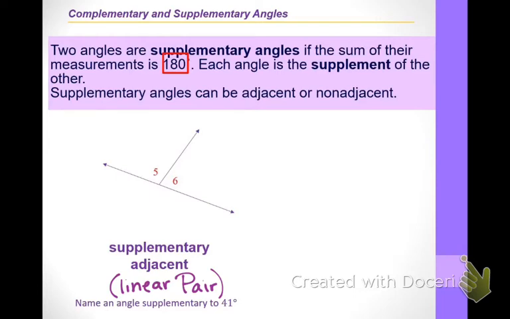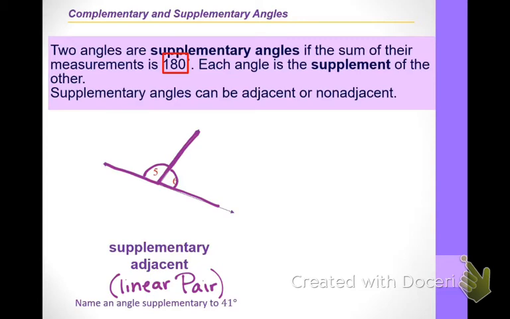That part doesn't have to make sense to you yet. But two angles that are supplementary and adjacent, that should make sense. They're adjacent because they share this wall. But they're supplementary because when you take angle 5, so from here to here, and you take angle 6, so from here to here, my arm doesn't bend that way, how many degrees does that make? 180, which makes a straight angle.